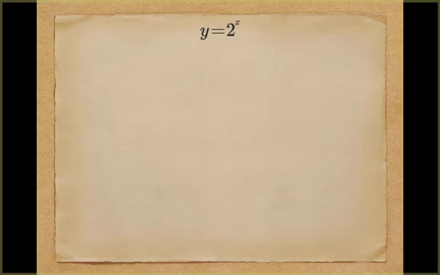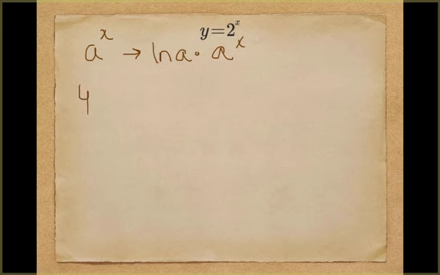The derivative of a to the x is the natural log of a times a to the x. So when we look at y equals 2 to the x and we want to find the derivative, so y prime equals the natural log of 2 times 2 to the x.